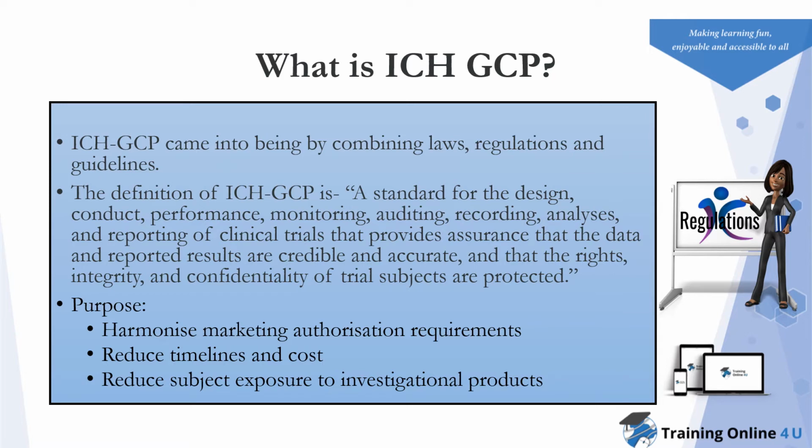So, what is ICH GCP? ICH GCP came into being by combining laws, regulations and guidelines. The definition of ICH GCP is as follows: a standard for design, conduct, performance, monitoring, auditing, recording, analyses and reporting of clinical trials that provides assurance that the data and reported results are credible and accurate, and that the rights, integrity and confidentiality of trial subjects are protected.